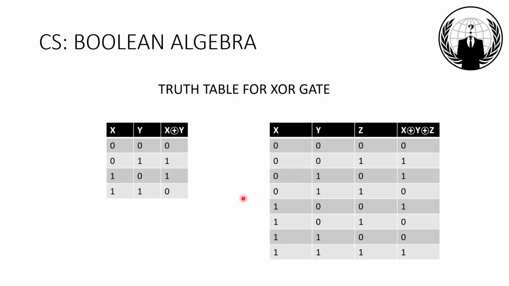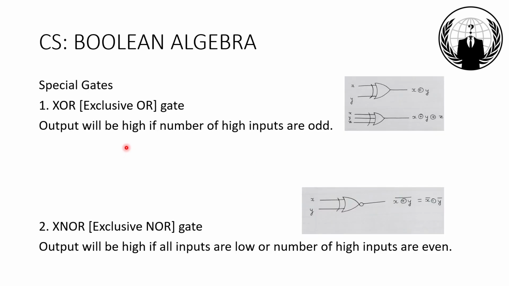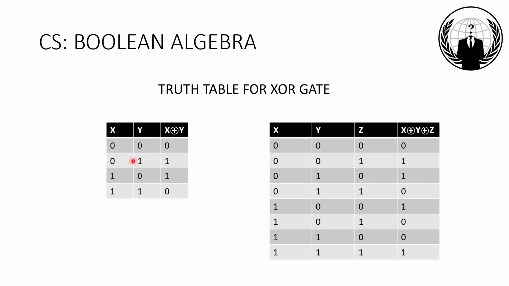So here is the truth table for XOR gate, in this case for 2 variables and 3 variables. As we have seen, the output will be high if the number of high inputs is odd. In this case the number of high inputs is odd, so that's why.